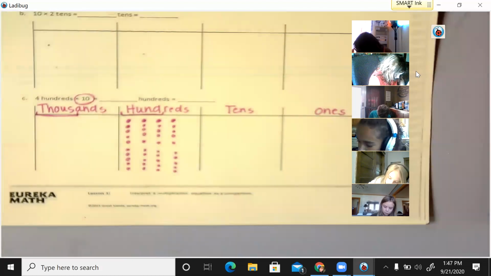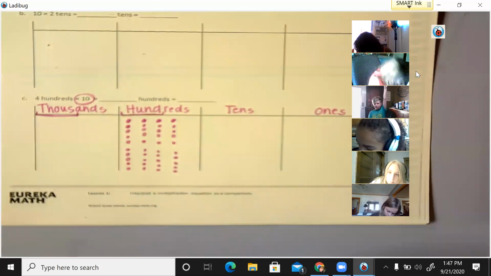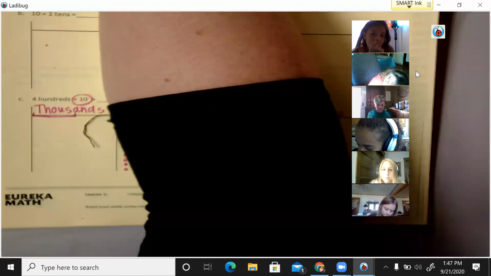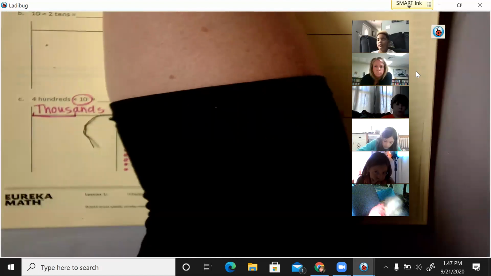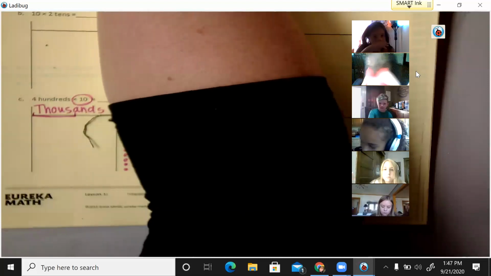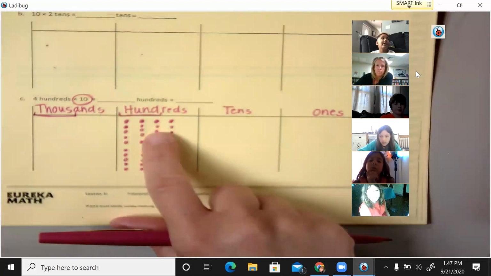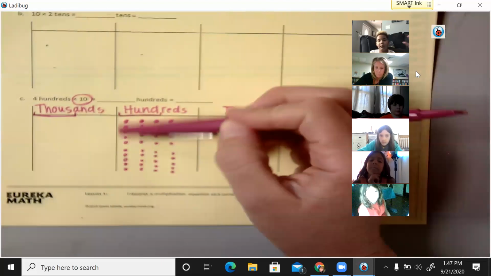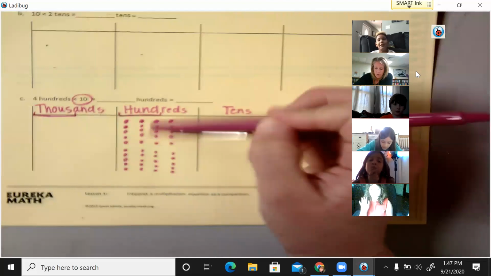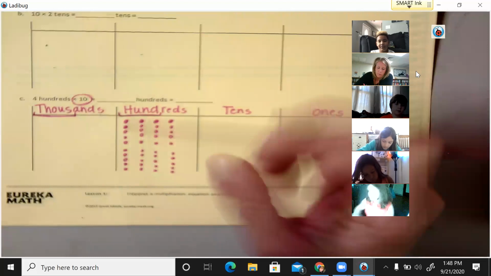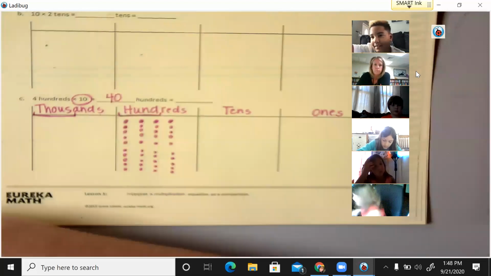If anyone has said anything, I didn't hear you. I don't know if it was glitching out. How many hundreds do we have here? Not 4. Here's 10, 20, 30, 40. So we have 40 hundreds.